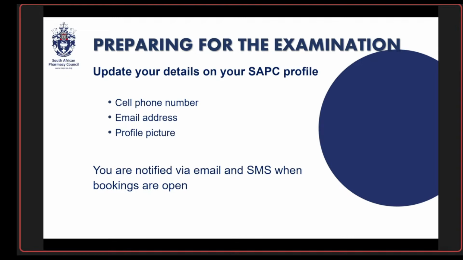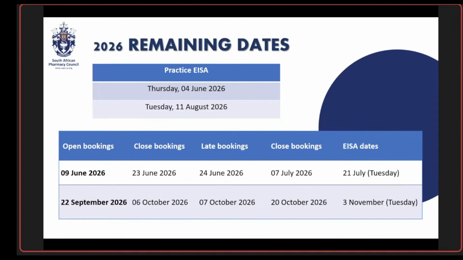Instead of an M in Gmail there will be an N, or the dot will be missing. So just make sure when you capture your details, you confirm that they are correct so you do not miss any communication from the office. All the communication in terms of EISA and any other registration information will be sent via email and SMS. So make sure that all the details are correct.